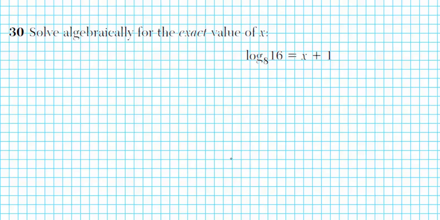All right, let's take a look at 30. In this case, we're solving algebraically for x in this given logarithmic equation. So one thing you want to recall is one of the properties of logarithms. Okay, so you want to recall that if you have b raised to the log base b of x, this simplifies into x.